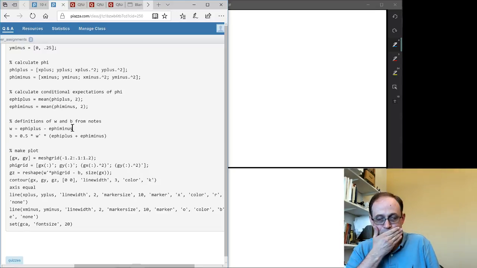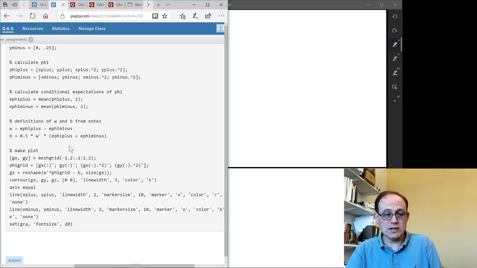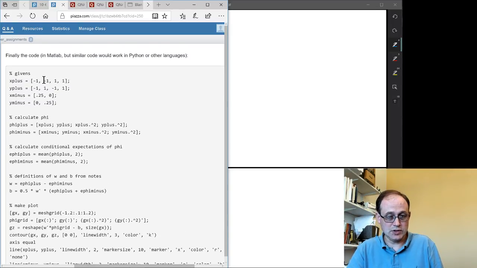And again, if that doesn't seem obvious from the equations, it's good to work out and convince yourself that that's the case. And so that's the answer, right? We start from the given coordinates, we calculate the feature functions, calculate the means, conditional on being positive or negative, and then we just use the equations from the notes to calculate W and B.